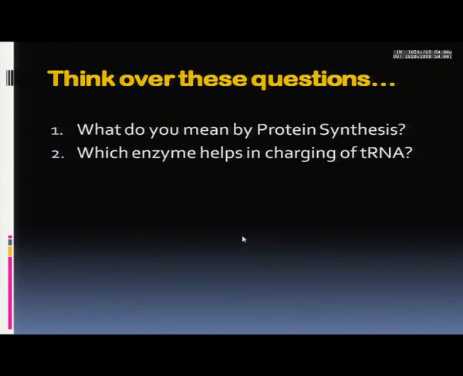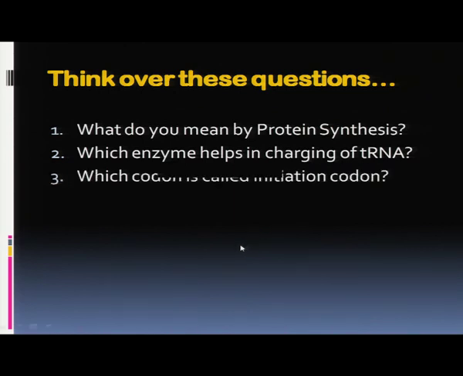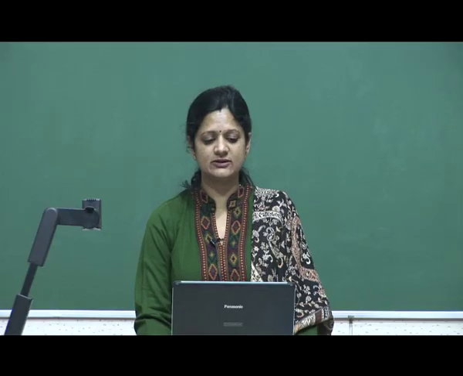Second question is: which enzyme helps in charging of transfer RNA? Third question is: which codon is called initiation codon? If you can recall all those concepts which we learned today, you will be able to answer this question.